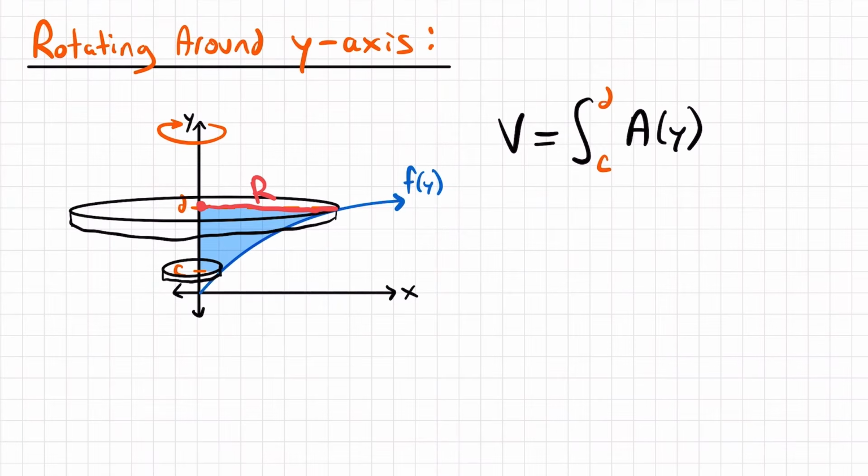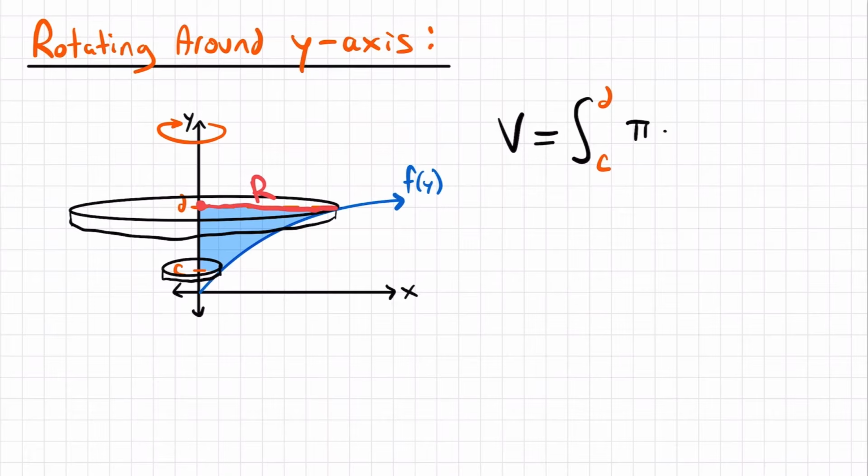In this case we know that the cross-sectional area is the area of a circle, which is pi r squared, so I'll rewrite that as pi times the radius squared, where the radius is a function of y, because the distance from the y-axis to this function in terms of y is the radius. So we can view this function as the radius function in terms of y, and we'll multiply pi by that radius function in terms of y squared, because the area of a circle is pi r squared.